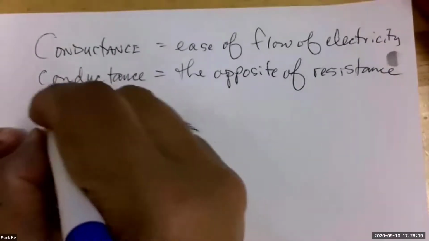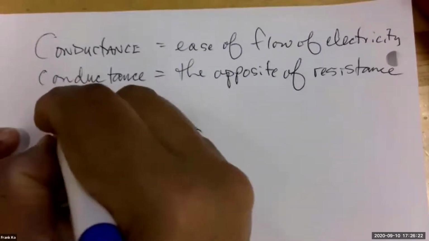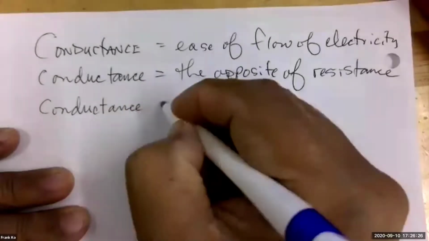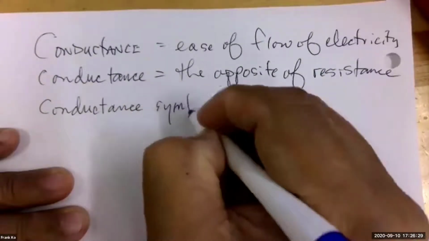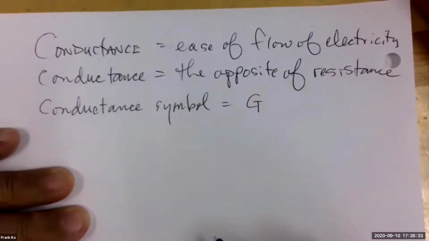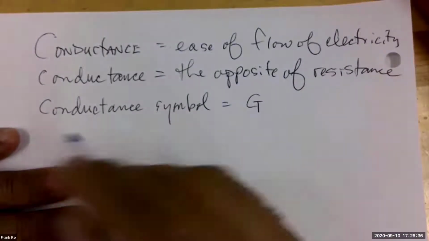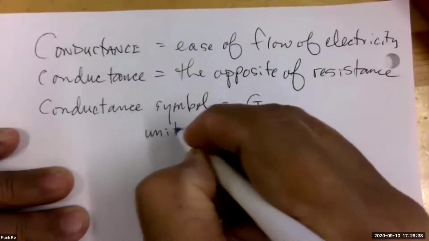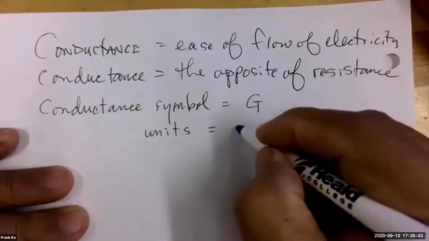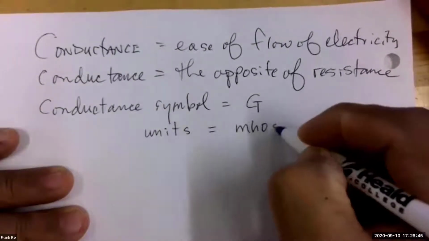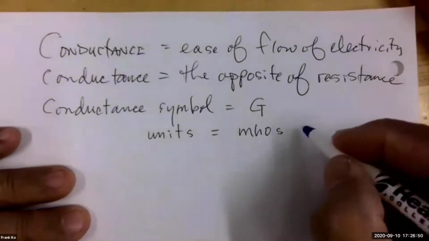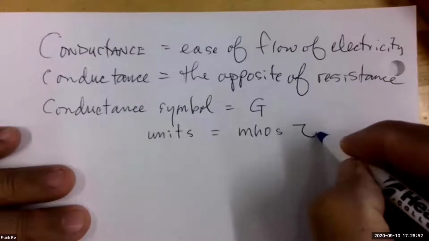In fact, conductance symbol is capital G. And the units are one of two. One of them happens to be called mhos, and the symbol for mhos is the upside down omega.